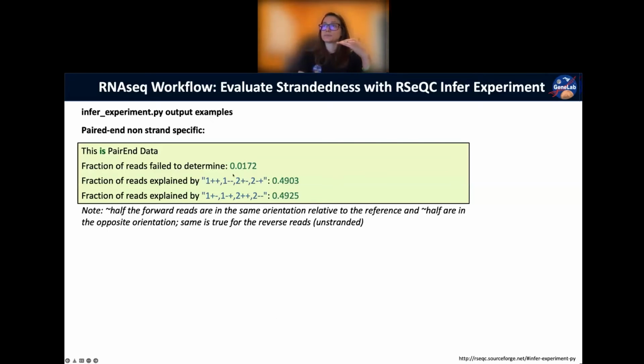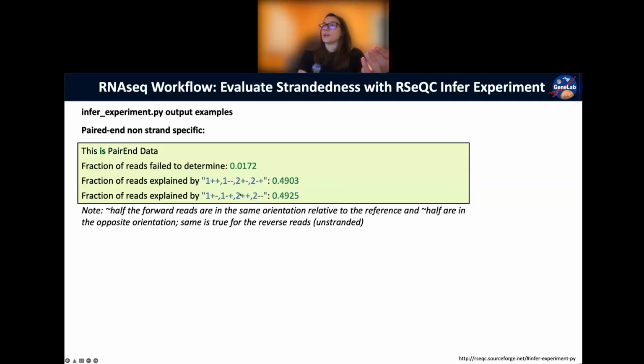And so if this is the case, where your forward read is in the same orientation with respect to your reference, then of course the reverse read, indicated here by a 2, should be in the opposite orientation relative to your reference, and we see that it makes up about half. And then down here, this is the fraction explained by the forward read being in the opposite orientation relative to the reference. So here for the forward read, indicated by the 1, we see the reference is in the positive direction and the read is in the negative direction.